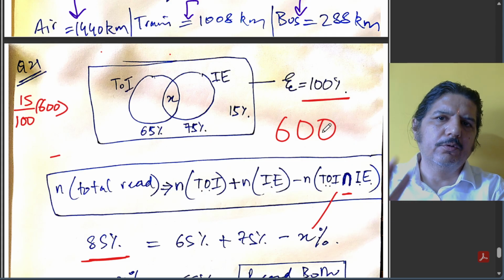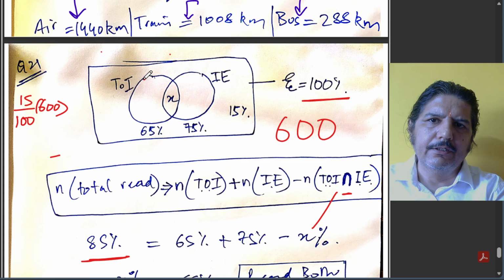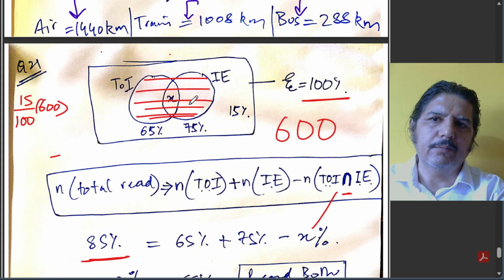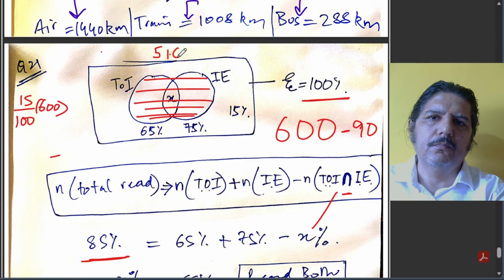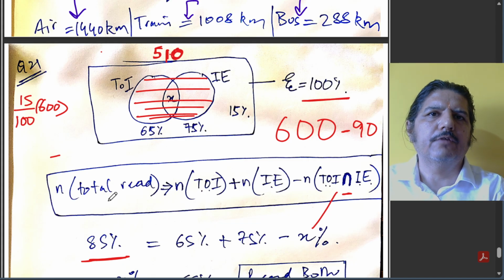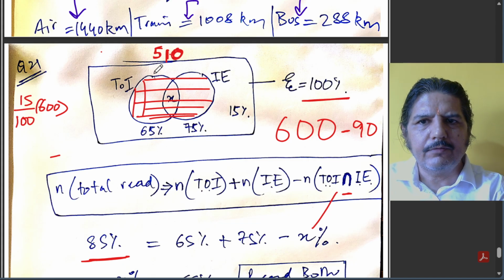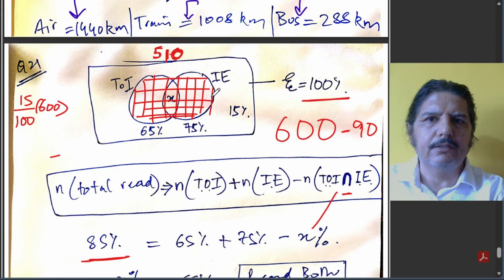So 90 people don't read at all. The number of readers are 600 minus 90, that is 510. Now these are 510 people who read some newspaper.